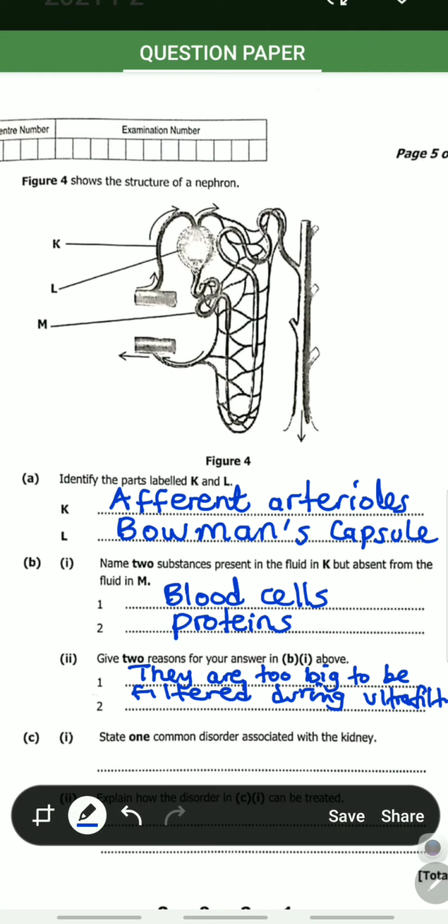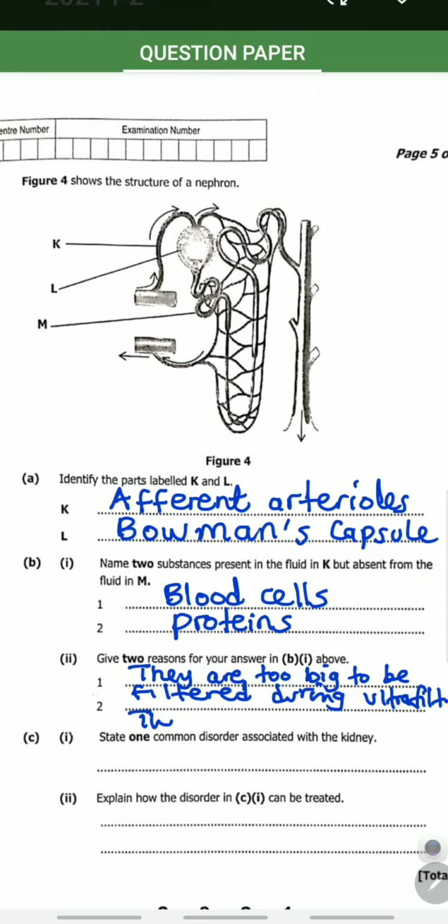Then number 2, why they are not found in M, it's because the blood cells and the proteins are needed by the body.